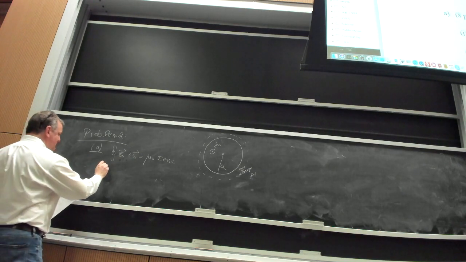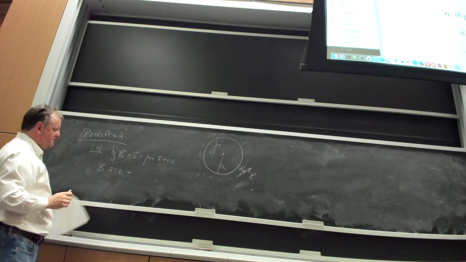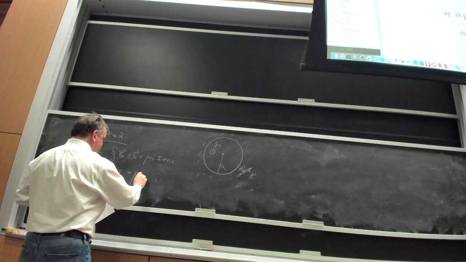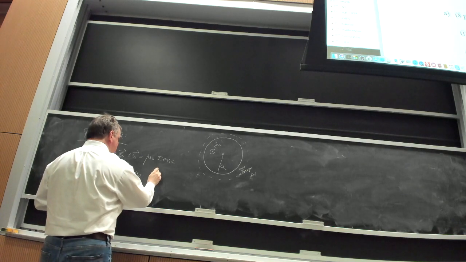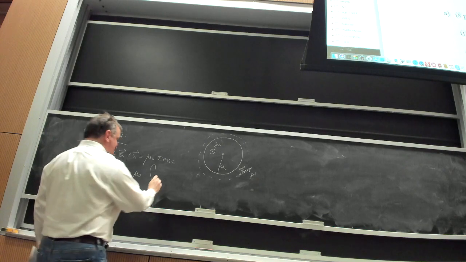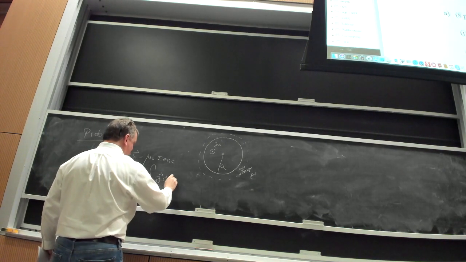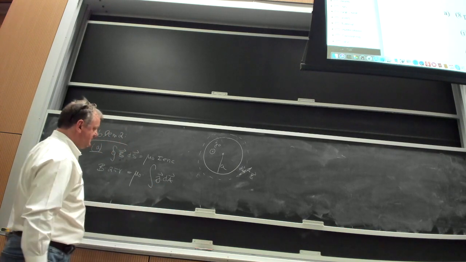So this would be simply, we've done this many times, B times 2 pi r equals, now, mu naught times, well, let's rewrite this a little bit. The enclosed current generally is the current density vector times the areal vector dA.